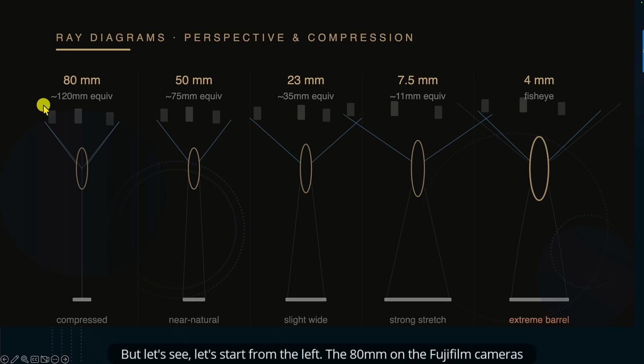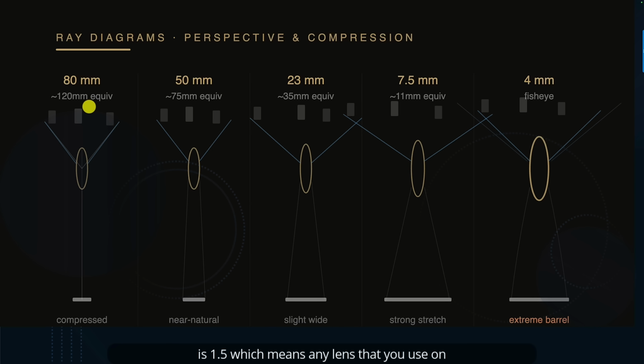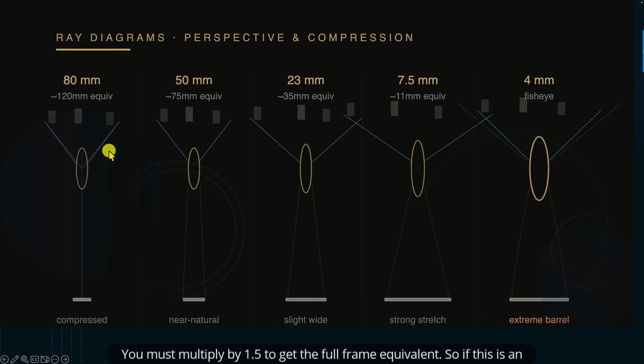The 80mm on the Fujifilm cameras is equivalent to 120mm on a full frame camera because the crop factor is 1.5, which means any lens that you use on the Fujifilm, you must multiply by 1.5 to get the full frame equivalent.